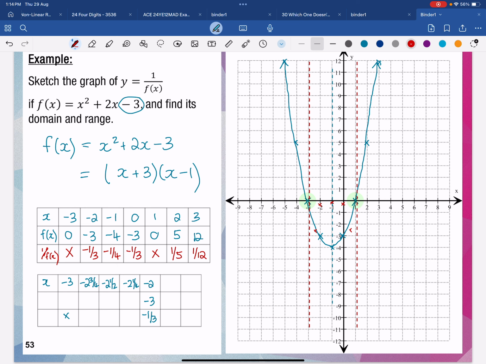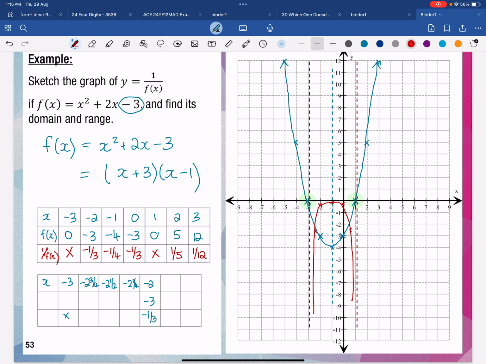So what I'll end up with is a shape which will look like this. So I've got my asymptotes. It's a more rounded shape. It doesn't look quite like a parabola, but that's one section of my graph.